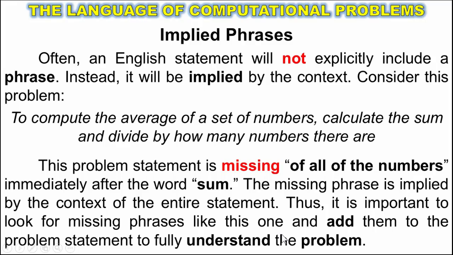This problem statement is missing a phrase. It misses the phrase of all the numbers immediately after the word sum. The missing phrase is implied by the context of the entire statement. Thus, it is important to look for missing phrases like this one and add them to the problem statement to fully understand the problem.